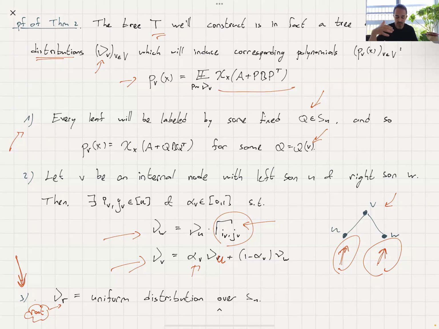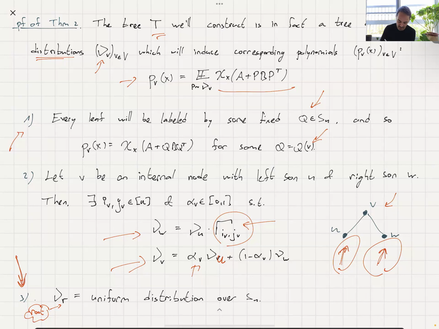Maybe I should repeat. So every leaf has a distribution which is constant. Namely, there is a fixed Q there that is always sampled. In particular, the polynomial that is associated with a leaf is not an expectation, it's just a characteristic polynomial of some symmetric matrix.